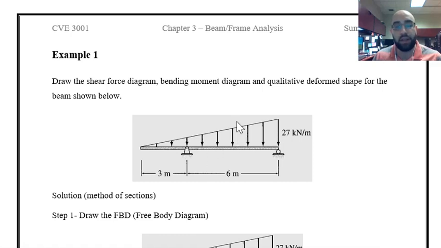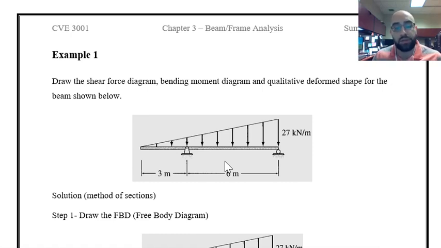We have a distributed load with a triangular shape like this. We know that the intensity of the load is different in every location along the beam. For example, over here we have smaller intensity in comparison to this value, and as we get closer to the left end, the intensity of the load will be less, and we have to calculate the intensity of the load at each point along the beam to use it in our future calculations.